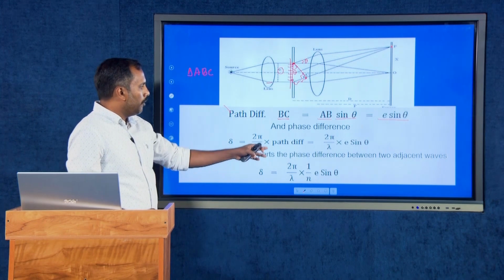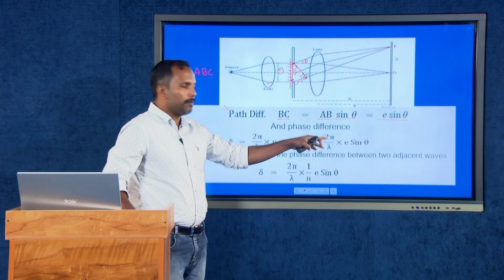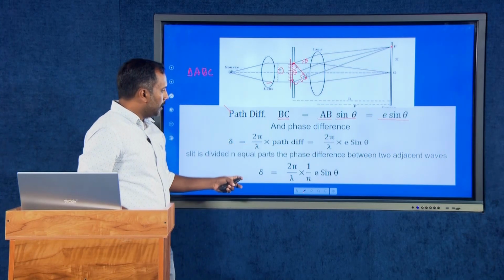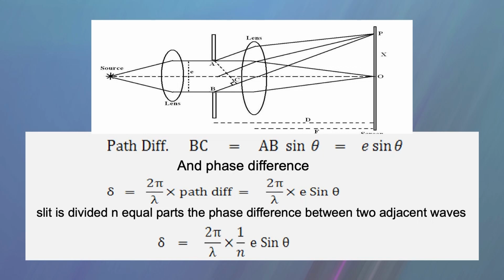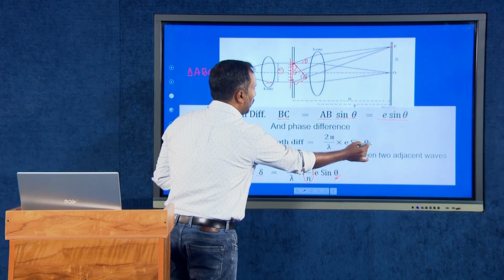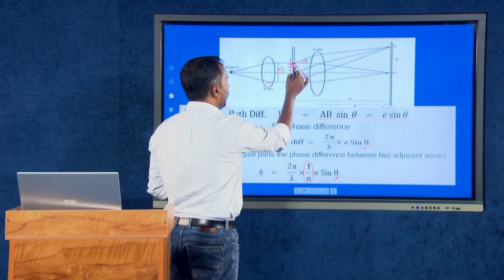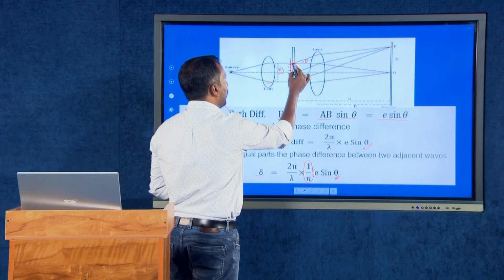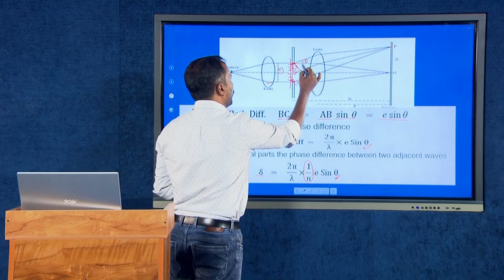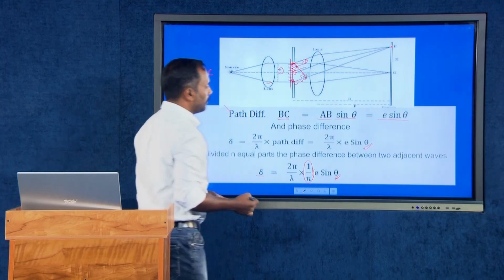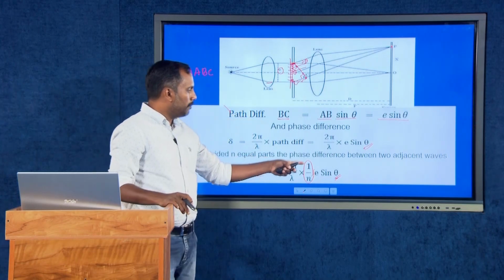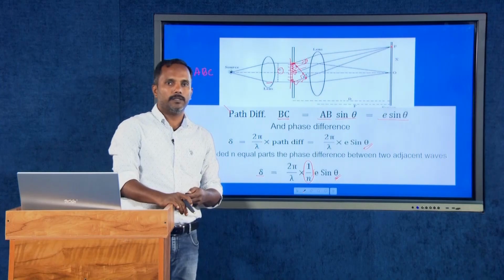So the phase difference between two adjacent waves from two adjacent parts, delta, can be written as 2 pi by lambda into 1 by n into e sin theta. This was the total path difference we estimated between the two extreme points, and now we are considering the phase difference between two adjacent parts, which will be 2 pi by lambda into 1 by n into e sin theta.